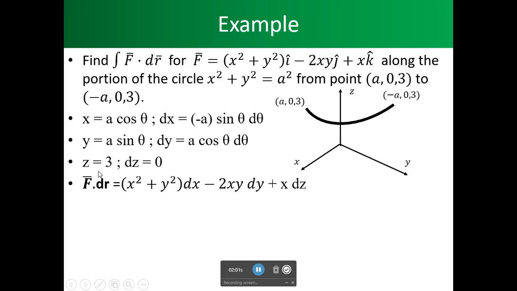So now we're looking at this work, F dot dr, and we find that this is (x squared plus y squared) times dx, minus 2xy dy, and the z is x dz.